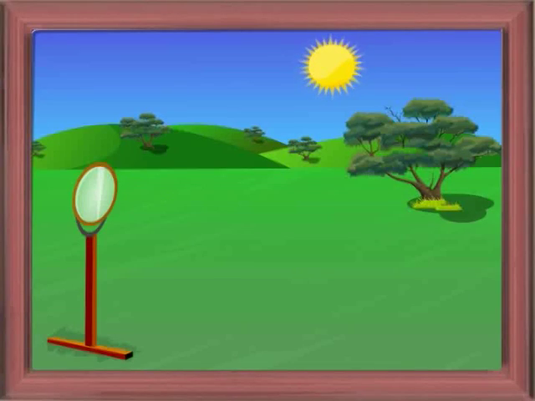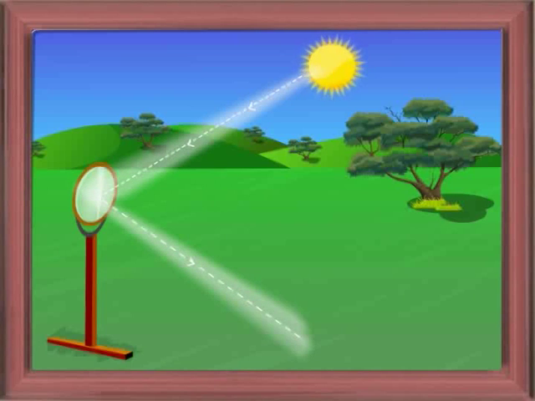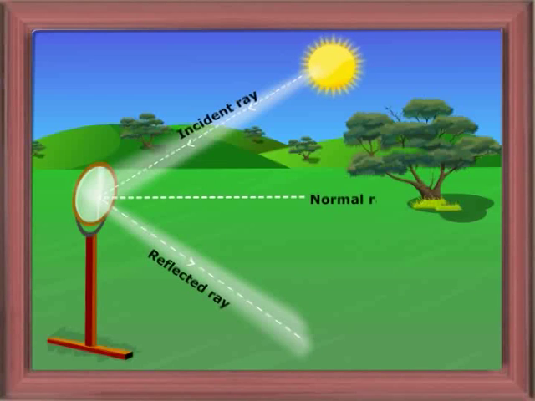Let's take a mirror. When a light incidents on the smooth surface, it gets reflected. The ray striking the surface of the mirror is known as incident ray. The ray getting reflected is known as the reflected ray. A normal, that is, the line perpendicular to the plane of the mirror is drawn. The angle between the incident ray and the normal is known as the angle of incident, and the angle between the reflected ray and the normal is known as the angle of reflection.